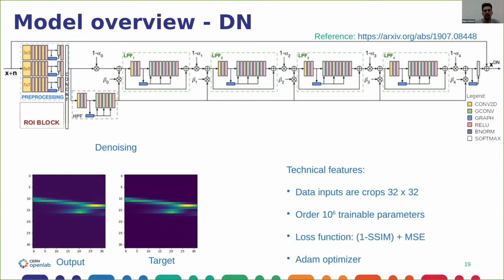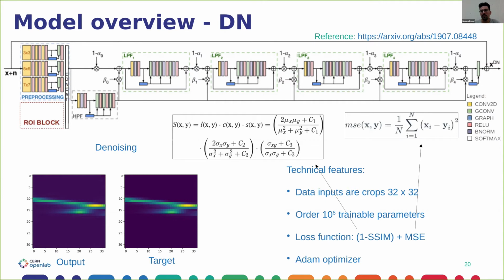We trained the models with a custom loss function that is comprised of the sum of 1 minus structural similarity plus mean square error. Mean square error is defined in the usual way, while structural similarity is a custom perceptual loss, which gives higher scores for indistinguishable crops.